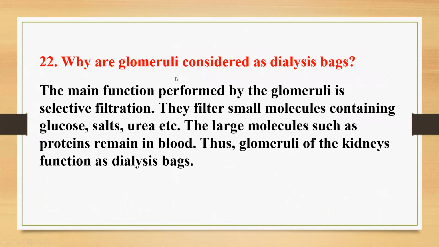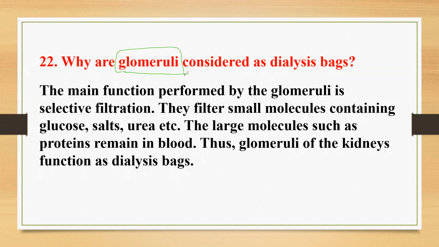Why are glomeruli considered as dialysis bags? Where is the glomerulus located, do you remember that? In the process of excretion, the complete blood goes through the kidneys. You know that the main function of the kidney is the purification of blood. Whenever the blood goes to the kidney, there the nephron is there, a functional unit of the kidney.